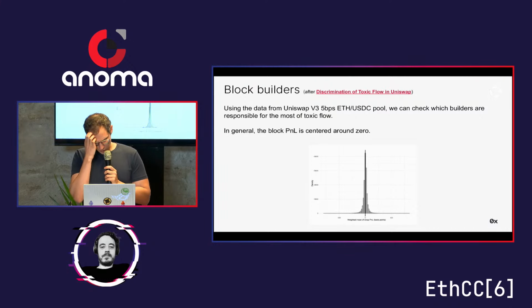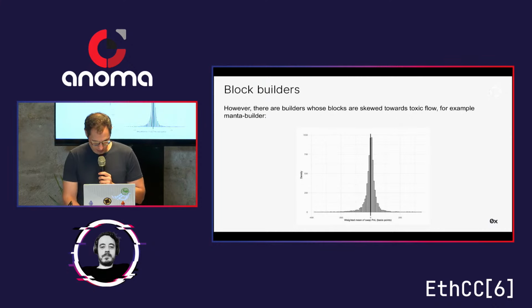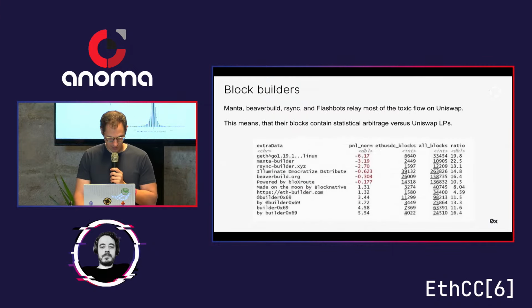And using the data from Uniswap v3, we can actually check which builders are responsible for most of the toxic flow. Because in general, the block's P&L is centered around 0. However, there are builders whose blocks are skewed towards toxic flow. For example, Manta builder, they turned their builder off, but they were producing consistently a lot of toxic flow.